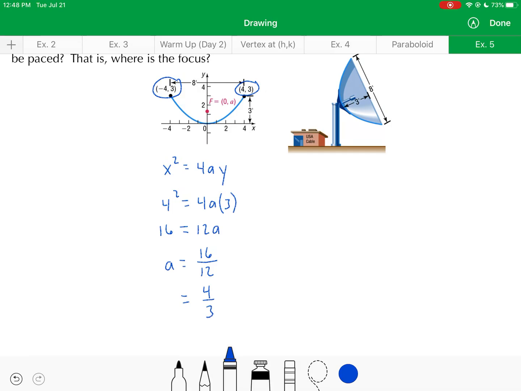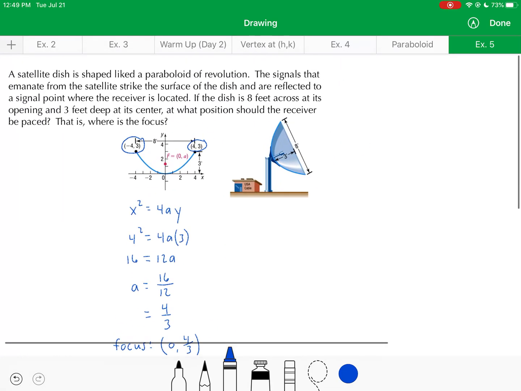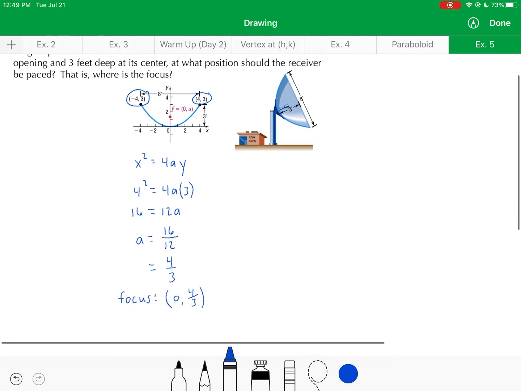So that focus should be at the point (0, 4/3). And for the purpose of this problem, I'm going to say that my receiver should be placed 4 thirds of a foot, or 1 1/3 feet, from the bottom of the dish.